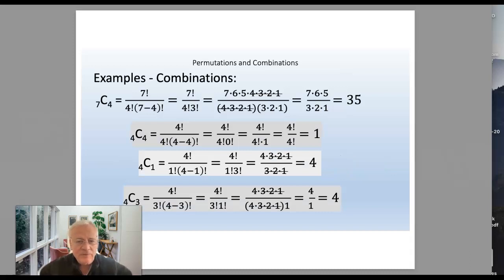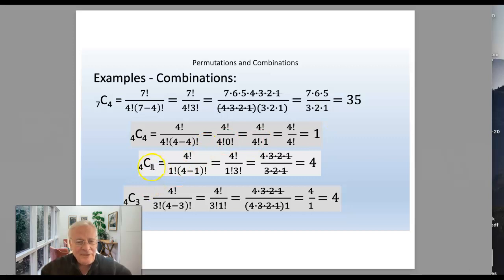Again, just some more examples, like 7 combo 4. In other words, how many groups of 4 can I make, choosing from 7? 35. And how many groups of 4 can I make here, choosing from 4? Just 1. There's only one combination there. I just choose all 4 of them.